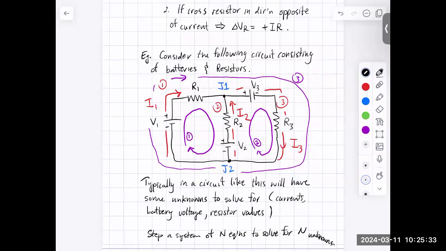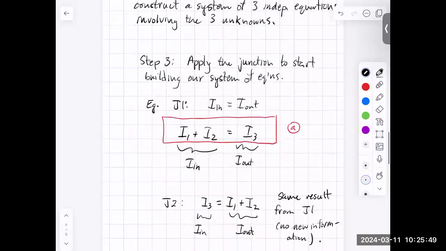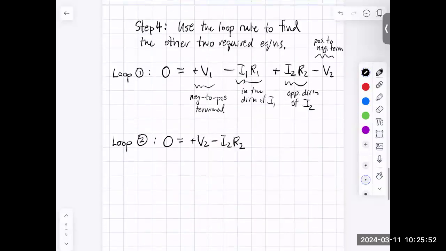Is it plus or minus I3 R3? Minus, that's right, because we're going in the same direction as the current. And so this time we have minus signs for both terms: minus V3 minus I3 R3.